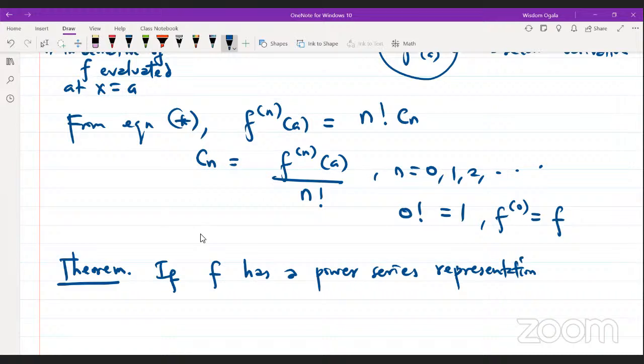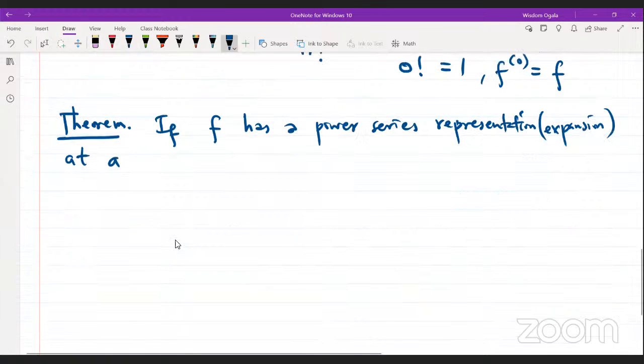Sometimes if we don't use the word representation, we can use the word expansion, all right? Those words can be used interchangeably. If f has a power series representation at a, okay, what does that mean? That means we are saying that if f of x can be written as this.